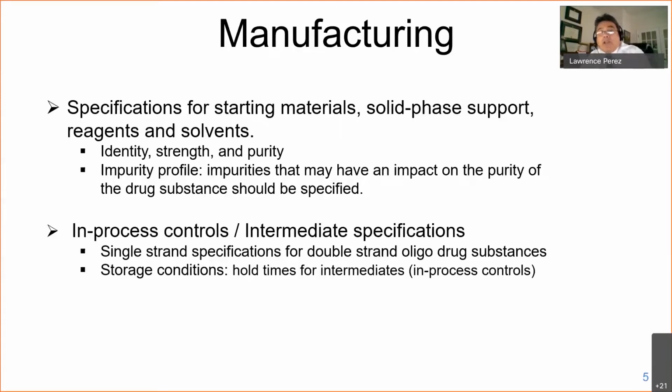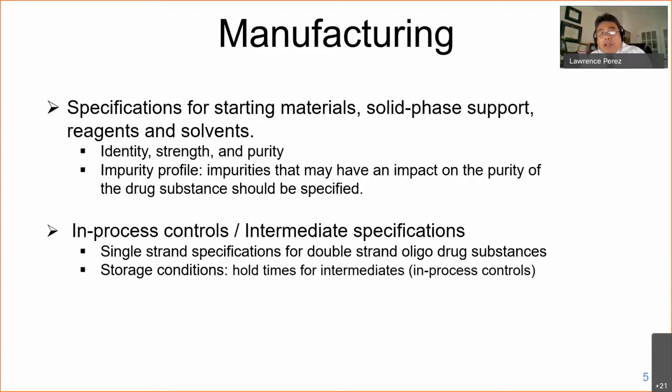In addition, some of the other issues and discussions that we have for manufacturers of oligonucleotides is the use of in-process control data as part of the final drug substance specification. This is especially occurring in the manufacturing of double-stranded oligos, such as siRNA, where we look to have confirmation of the oligos in the oligonucleotide strand.